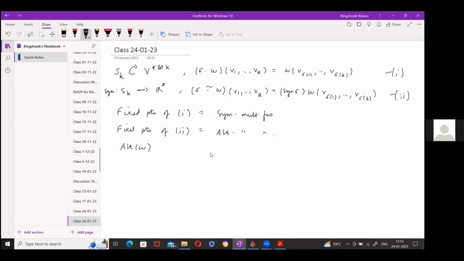So Alt omega is actually just the average over the group: 1 over the order of the group, k factorial, and then sum over the group. That will give you a sum over the orbit, sigma dot tilde omega. By construction this is a fixed point of the second action. Is this clear?